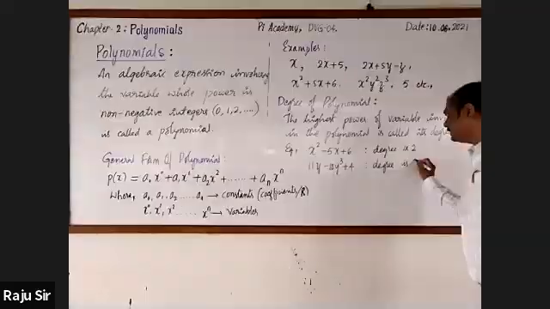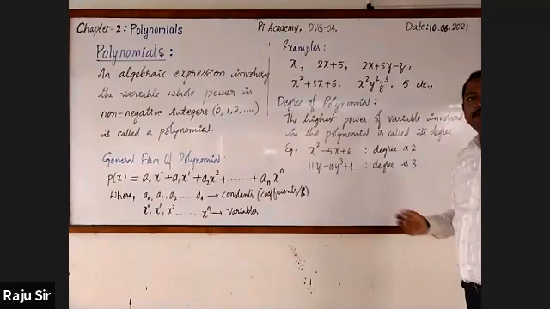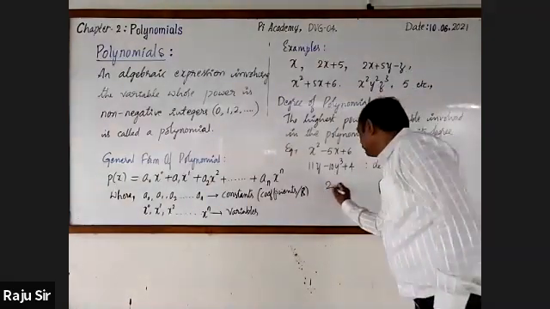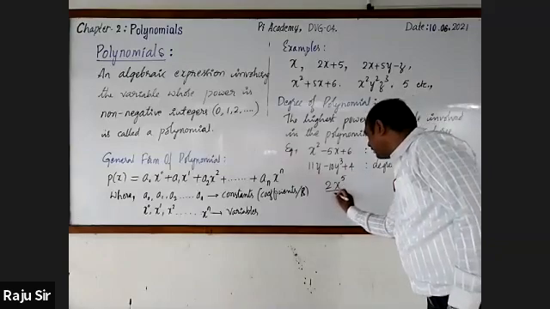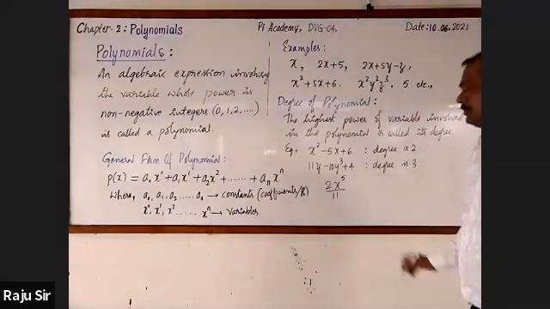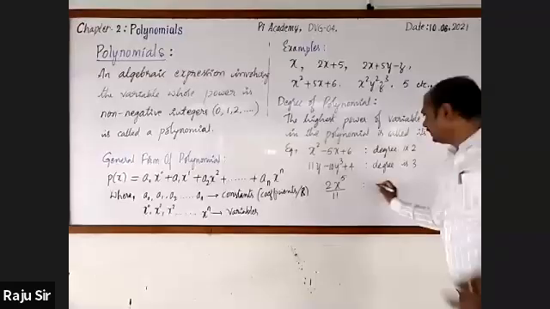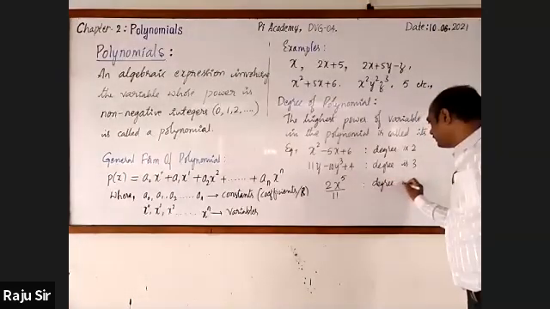Degree is 3 because highest power is 3. Then 2 x raised to the power 5 by 11. Highest power is 5. Hence degree is 5.